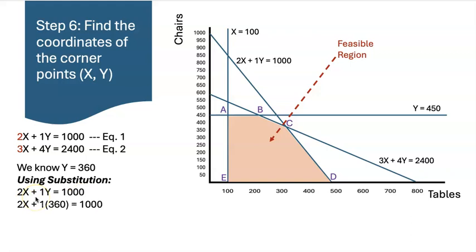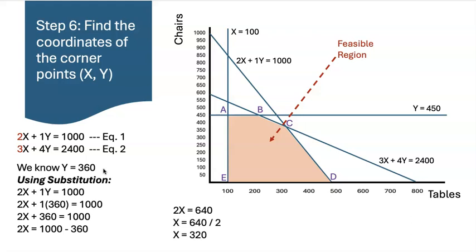So 2x plus 1 times 360 is 1,000. Subtract 360 from both sides. We get 2x equals 1,000 minus 360, giving us 2x equals 640. Divide both sides by 2, we get x equals 320. So we now know that x is equal to 320 and y is equal to 360.